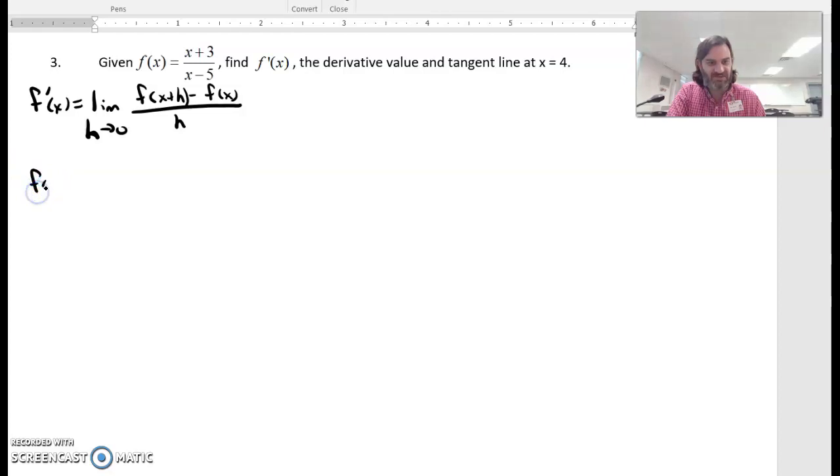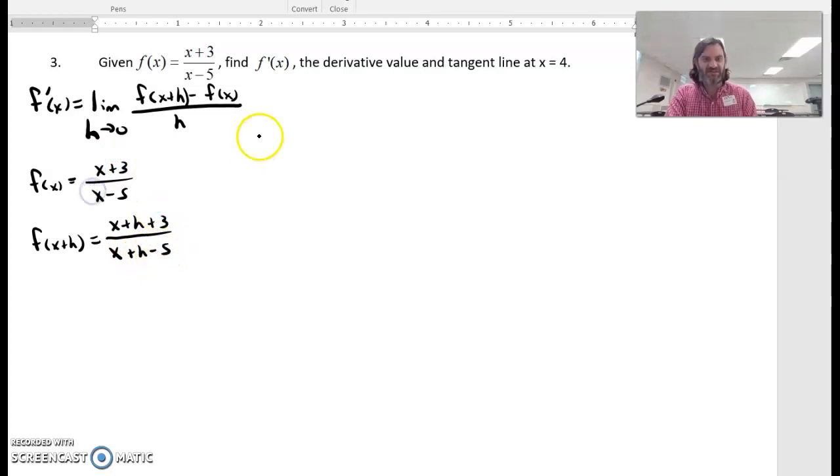Given to us is f of x, which was x plus 3 over x minus 5, and f of x plus h will be x plus h plus 3 all over x plus h minus 5. So in that case, we'll go ahead and set up our limit here.